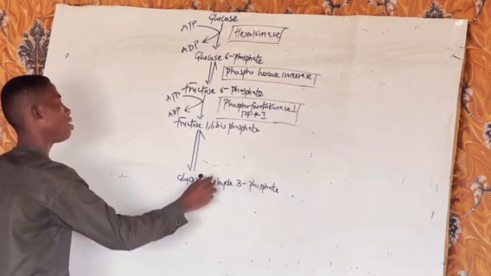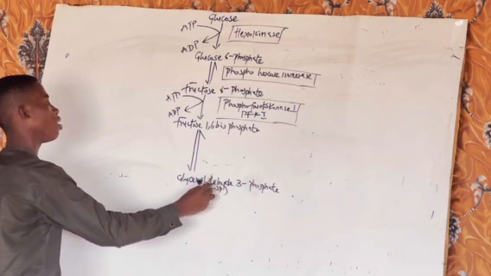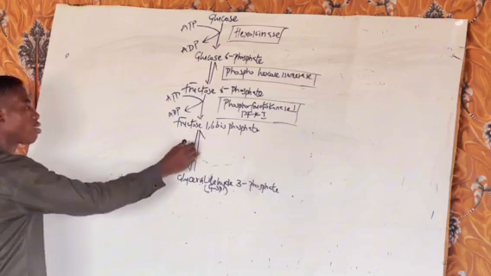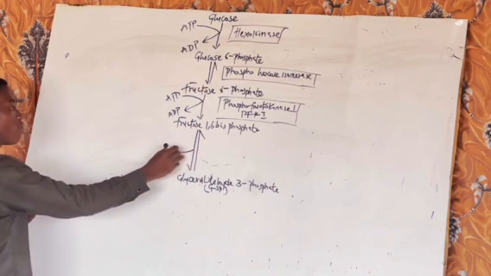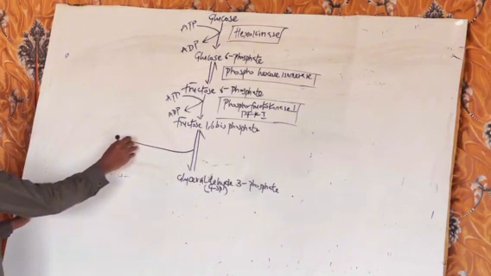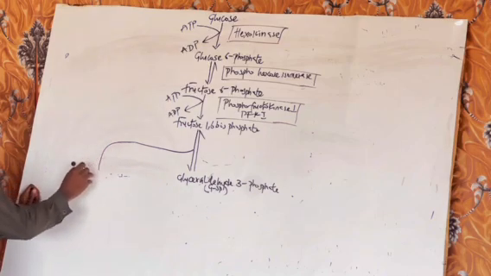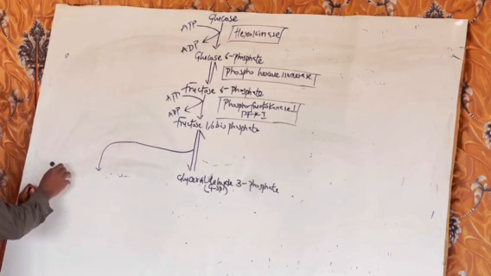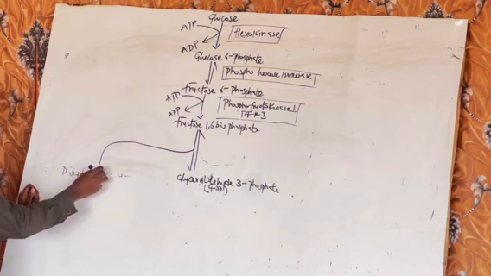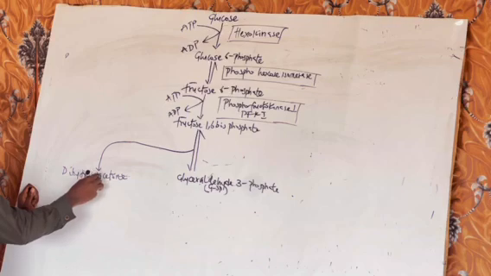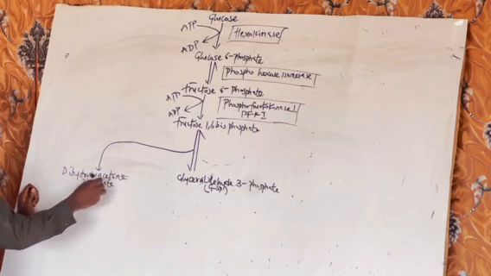So this is G3P. And it is also converted to dihydroxyacetone phosphate, DHAP.